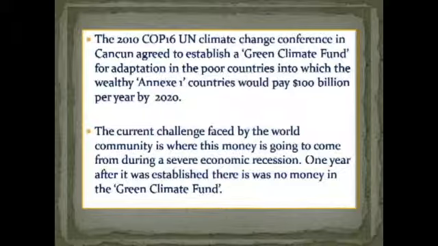Two years ago, there was a conference called COP, and this conference was in Cancun, and there was a decision made that each year these wealthy countries, and these wealthy countries are the European states, we have some Australia, Greenland, Switzerland, Canada, all of those countries, USA, that each year they are supposed to put $100 billion in the bank to assist the poorer countries with adaptation.